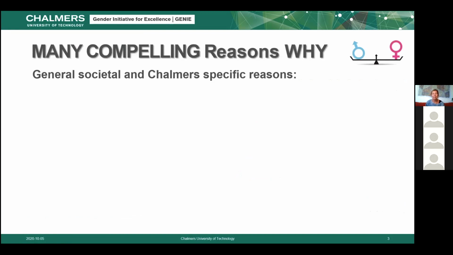So why? I think Rita started talking a little bit about why GENIE is needed. Why do we need to think about gender equality? And why do we still, in 2020, keep working on this? I was listening to Nanna Gillberg, and she said, if we don't do anything, it'll take 186 years until we're fully equal. And we don't have that time. So we just need to get something going.